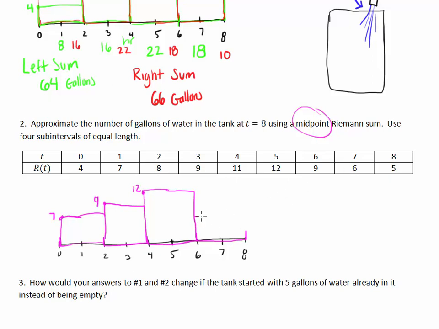7, we go up to 6, and here is our midpoint sum. We use the midpoints of these to determine how tall they were.